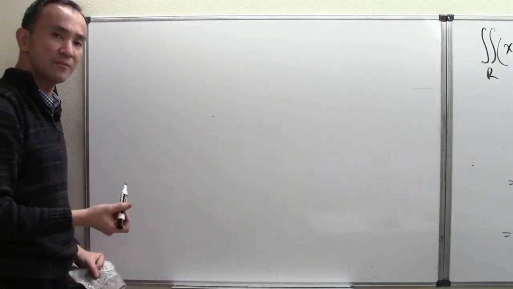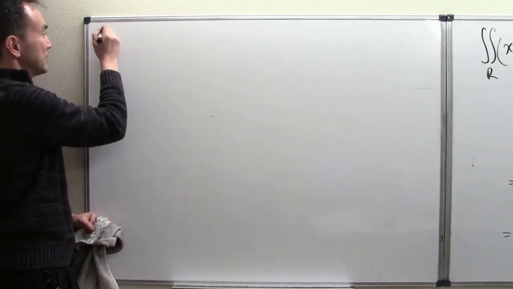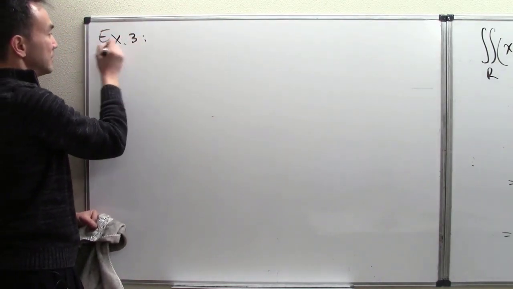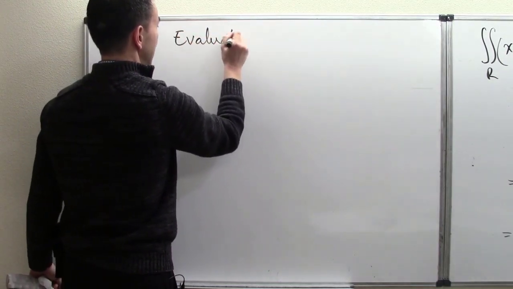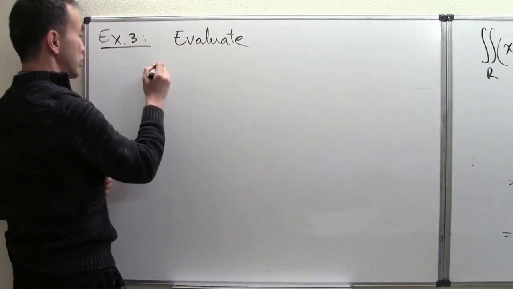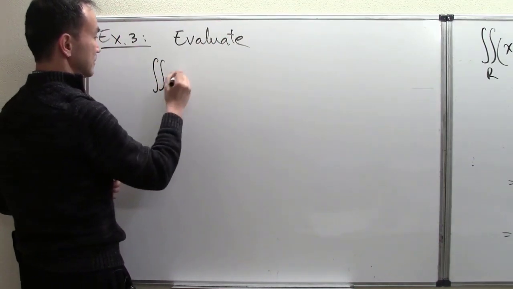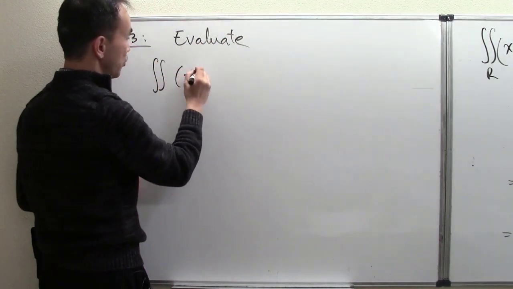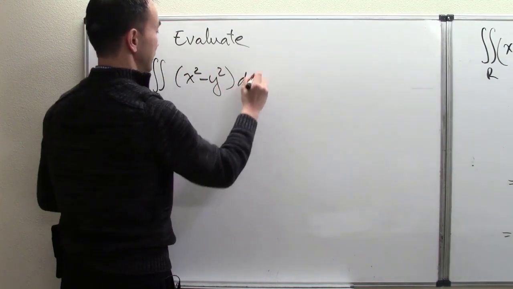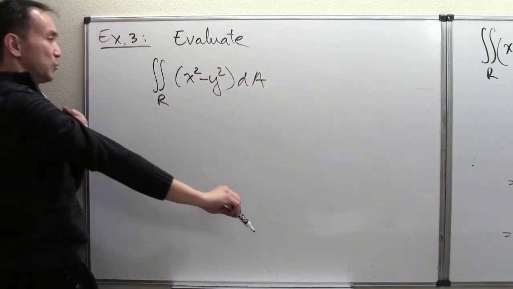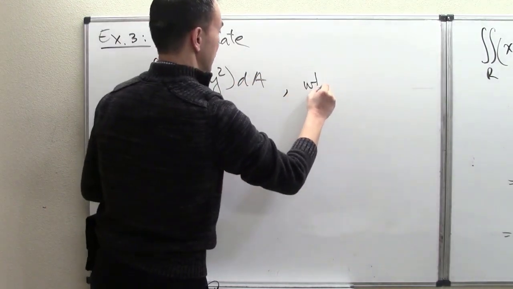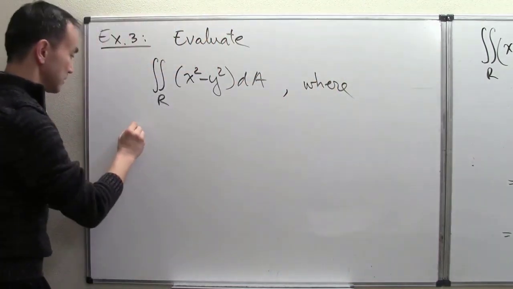And now let's come up with another example, which I'll call example 3. And again, let's evaluate. This time our double integral is on the function x squared minus y squared, and we want to integrate over the region R, where I'm going to draw the description of the region.